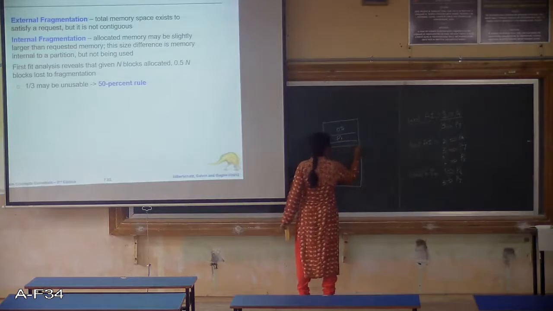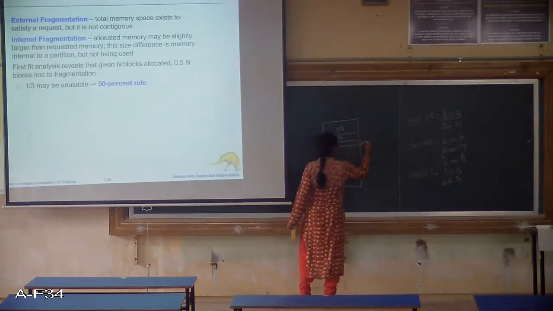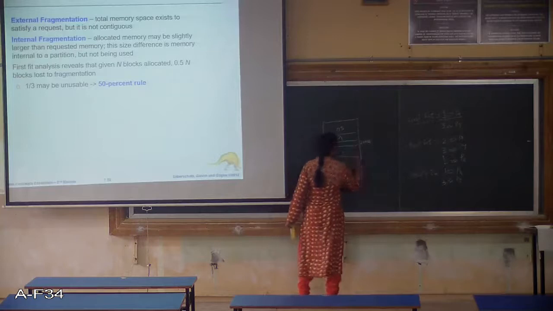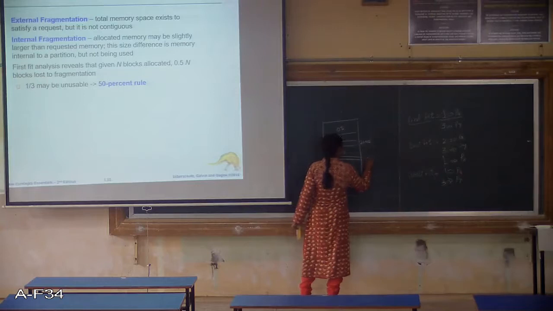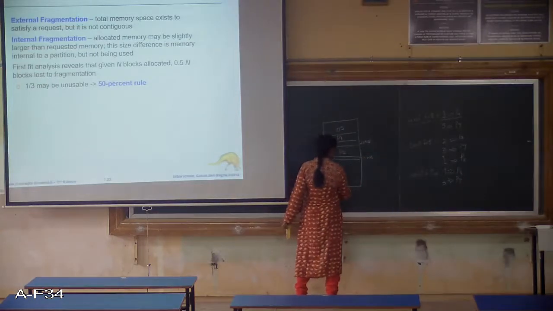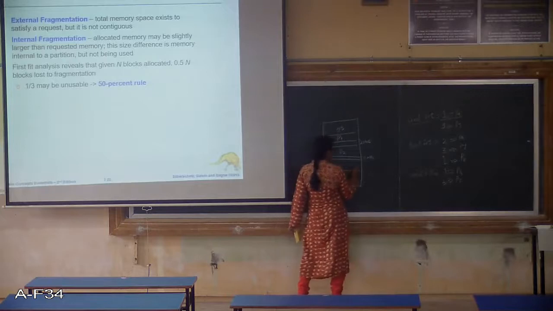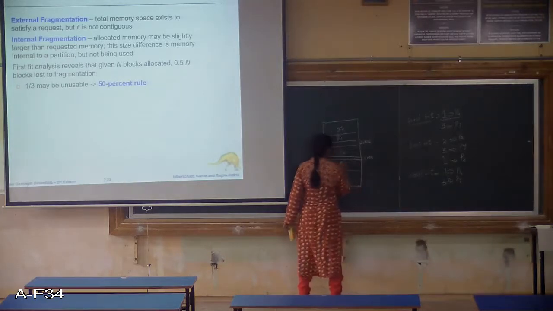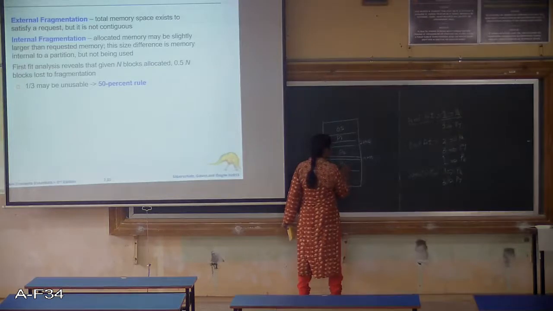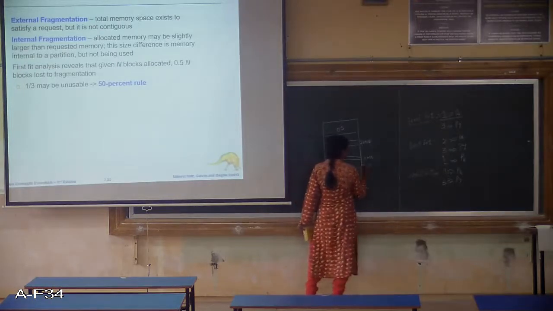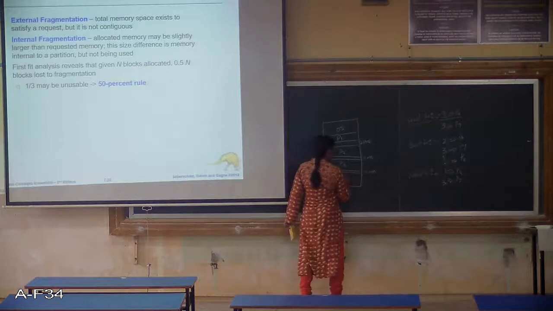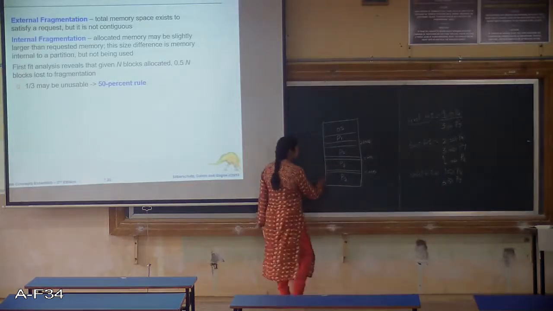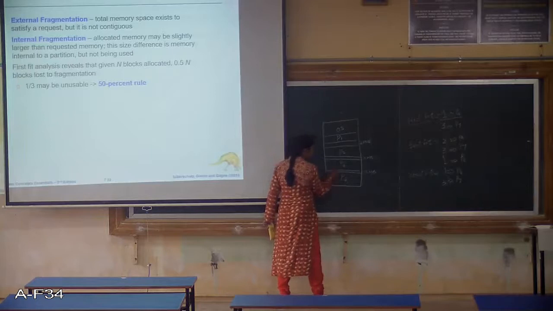Here process P1 is allocated. Then a few 20 MB of space is left here. Allocated here is the process P4. So this is the memory allocation, and these are free.